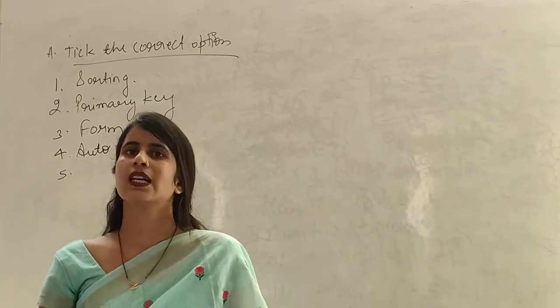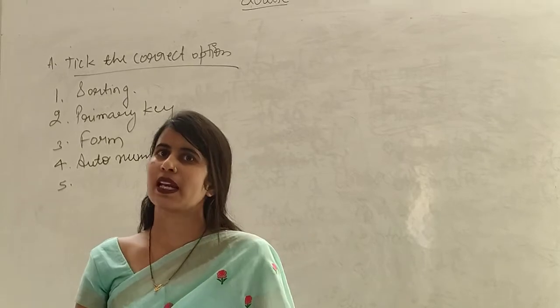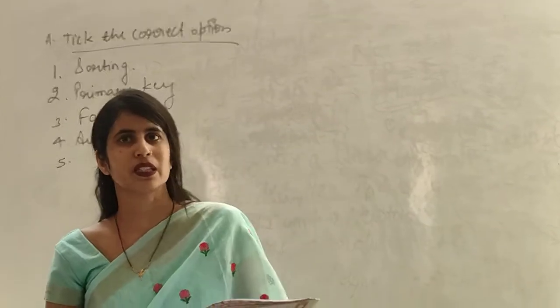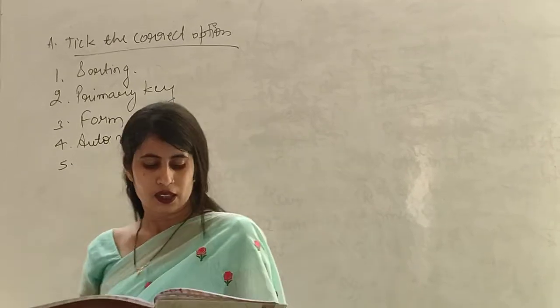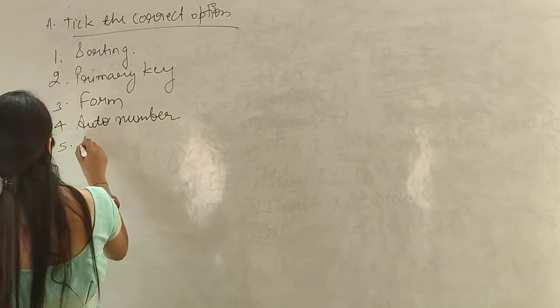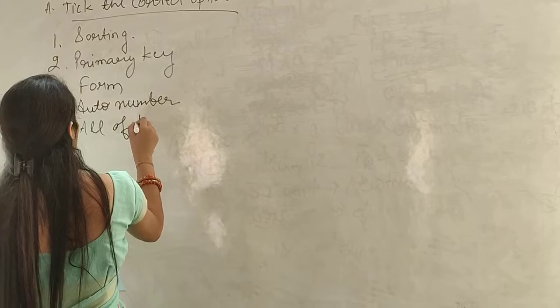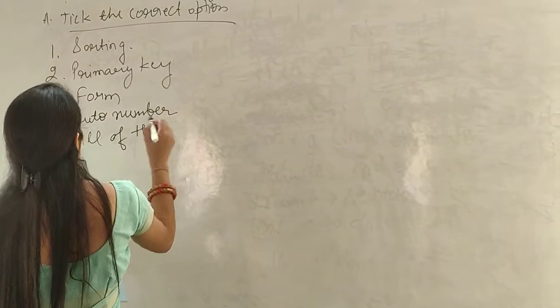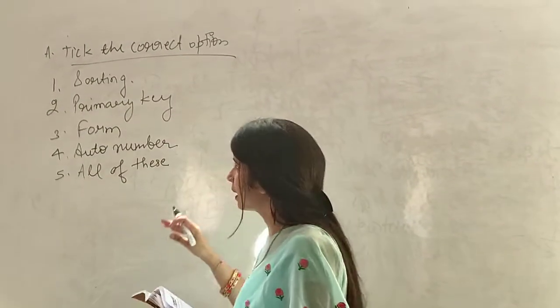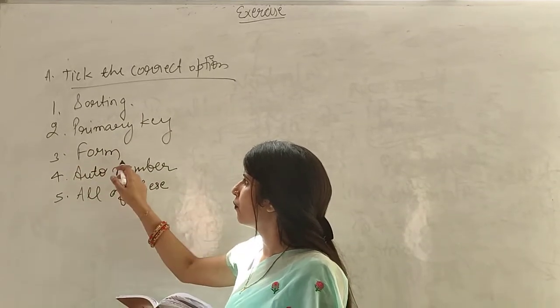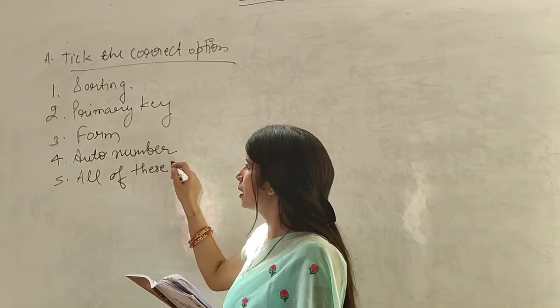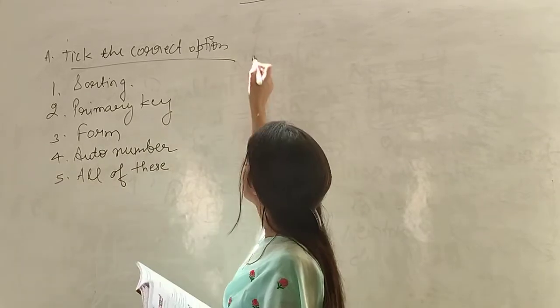The first one is with the help of design view, second is with the help of datasheet view and the third one is by using the templates. So we will write all of these. Means the correct answer is all of these. Answers of A part are fourth auto number, and fifth is all of these.